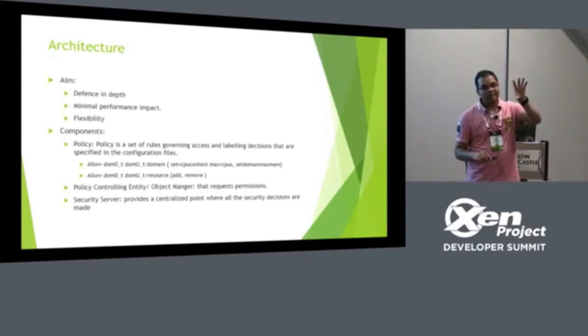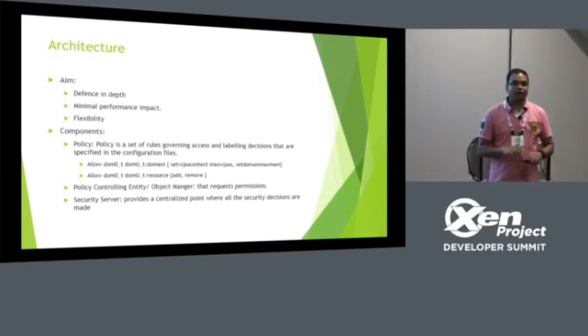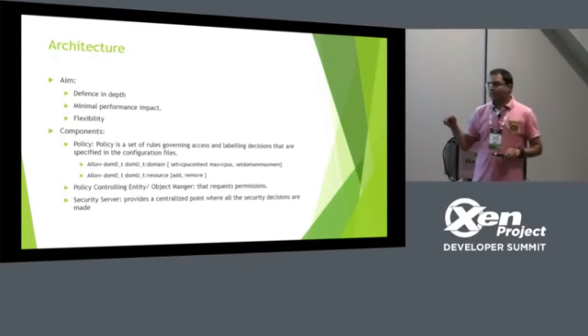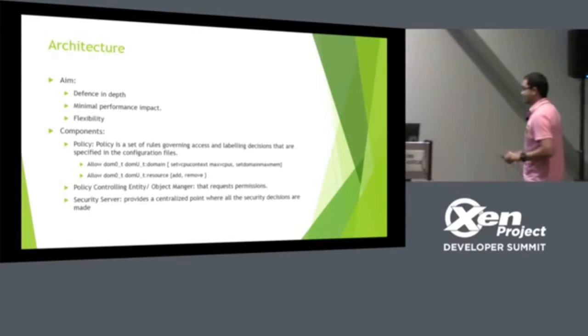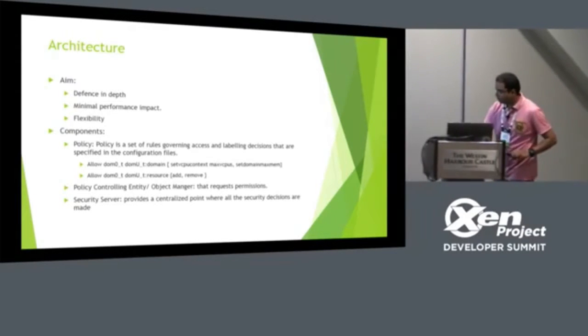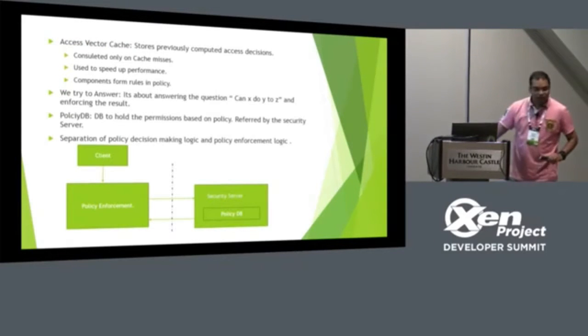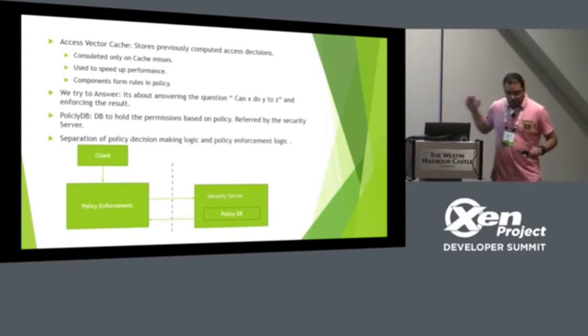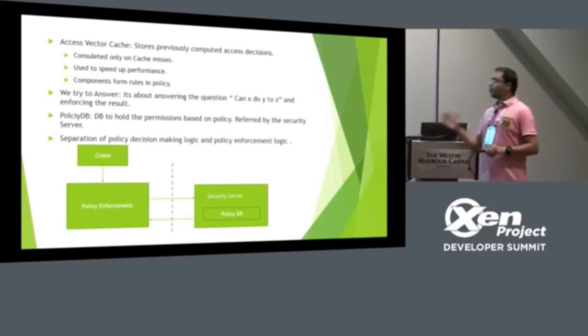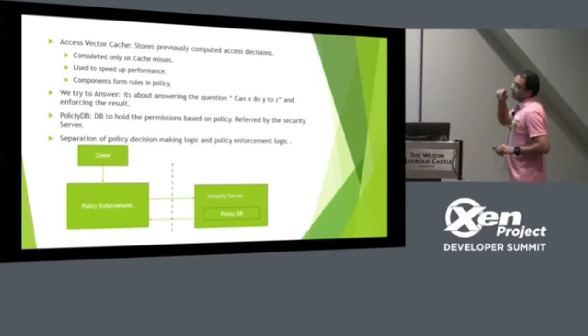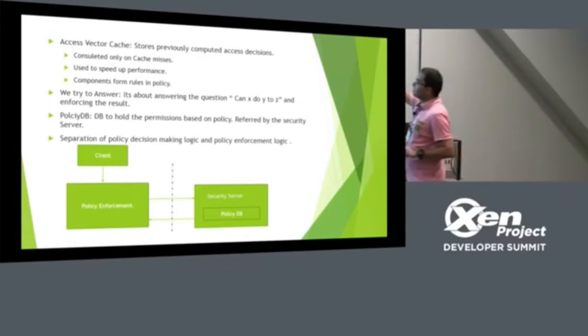We have a policy that's compiled into a binary format, then it's loaded, and internally it's saved into the policy DB, and the security server refers to that policy DB to make its decisions. So with all these things, what we try to answer is whether X can do Y on Z or not.